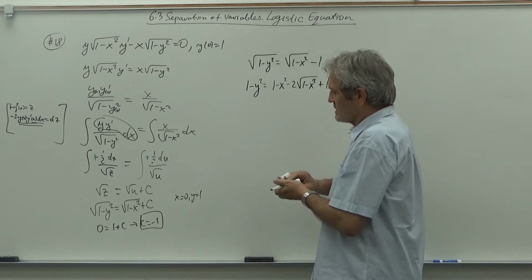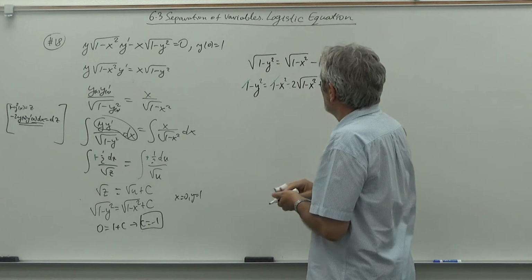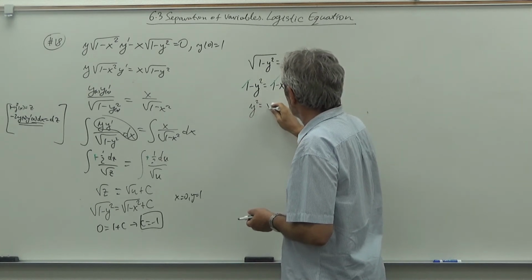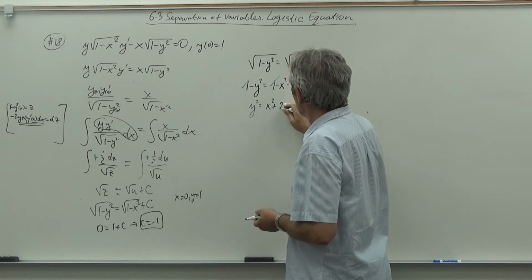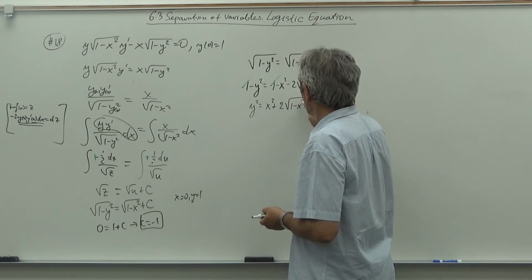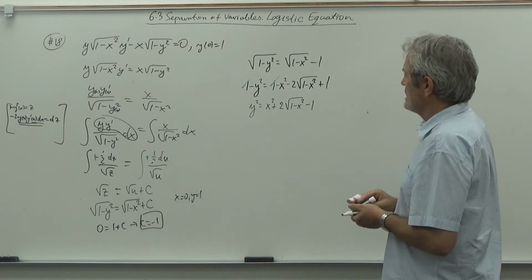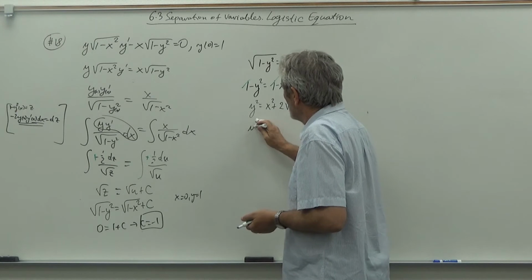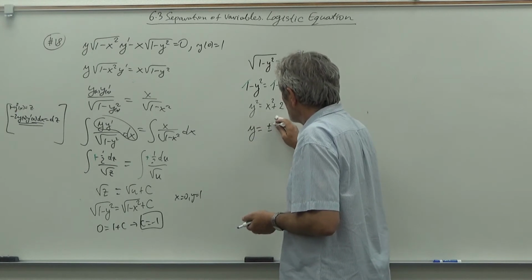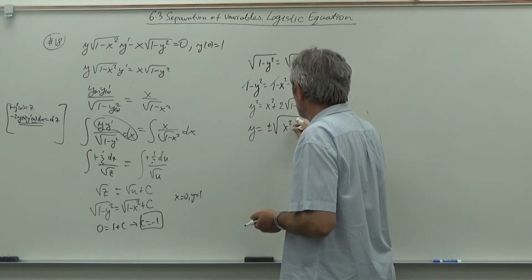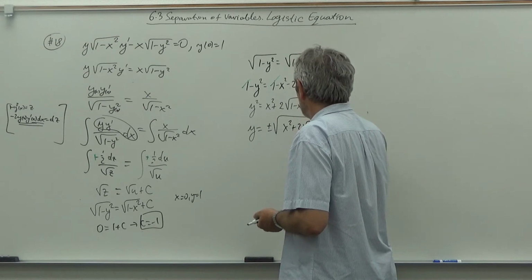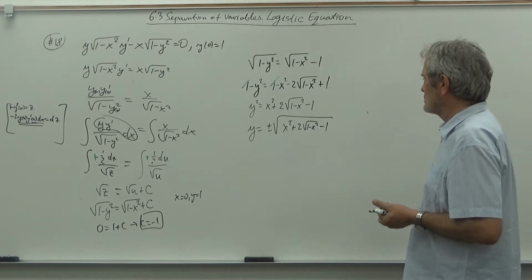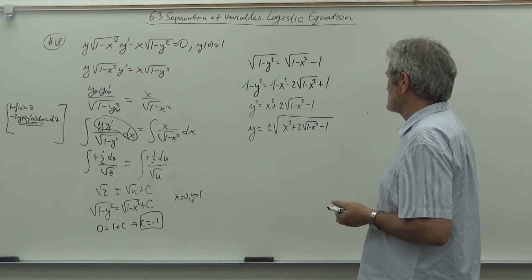So what are we going to do? We'll cancel this one and this one, and then multiply by negative 1. So we get y squared equals x squared plus 2 square root of 1 minus x squared minus 1. And then for the final solution, we can take the square root. y equals plus or minus the square root. But be careful when x is 0. What will happen when x is 0?